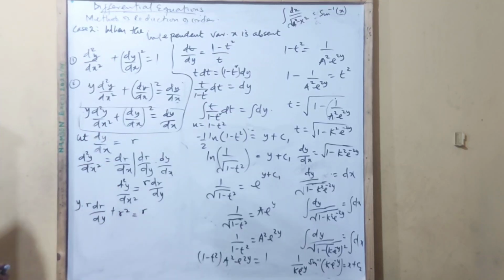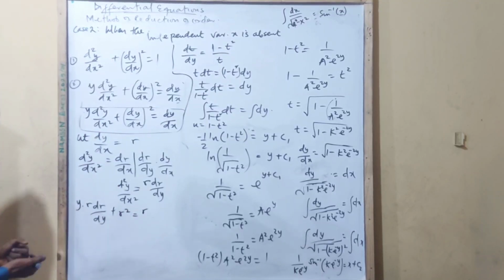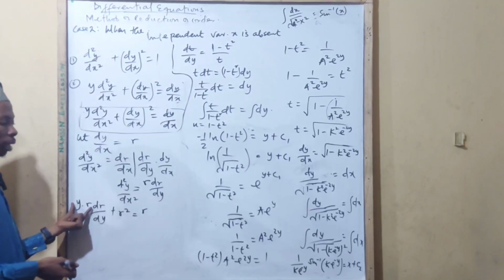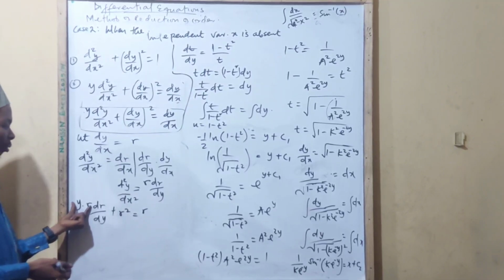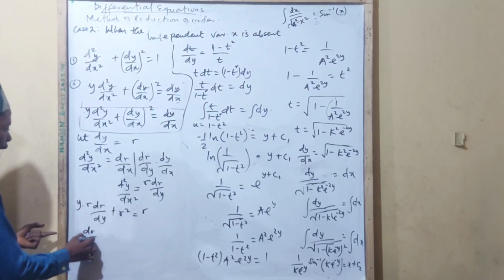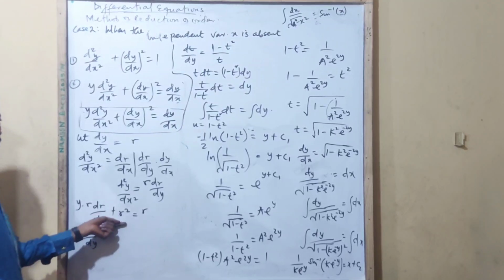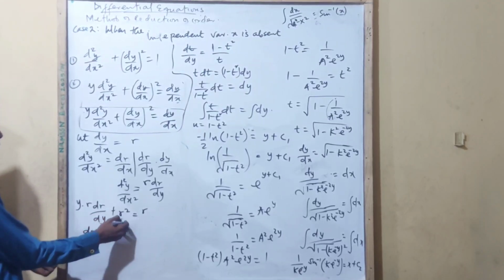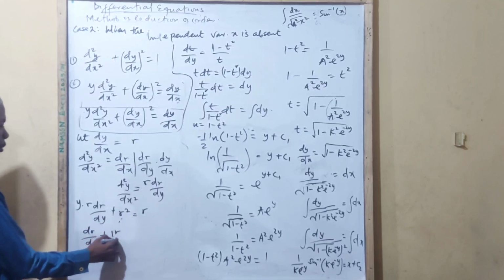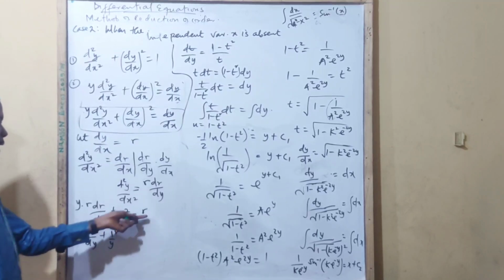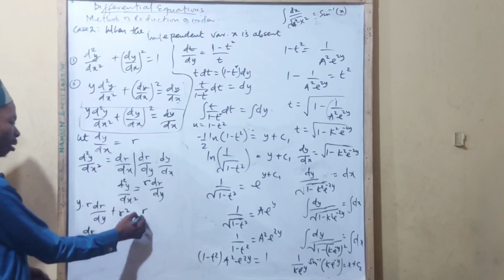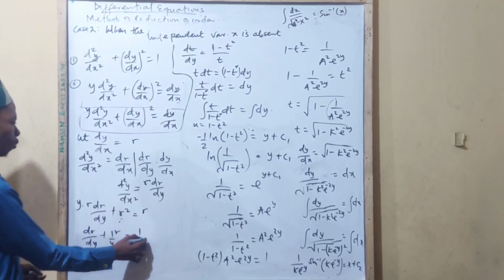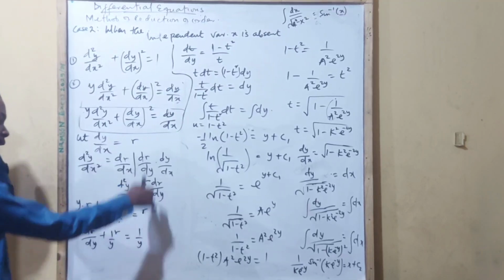So what are we going to do here now? Let's divide by ry. If I divide everybody by ry, we are going to have dr dy, r squared divided by ry, it will now remain r over y, right? If I divide this one by ry, it will now be 1 over y, right? Because r will take care of each other.